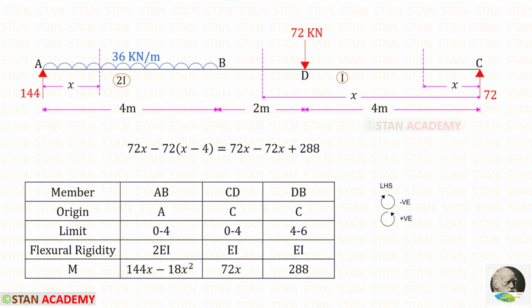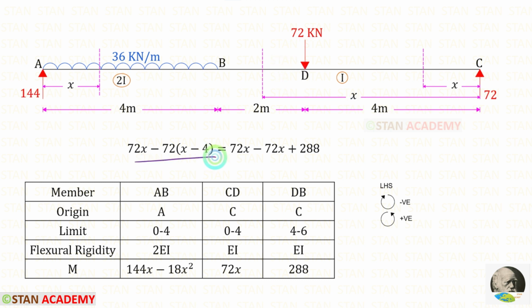Now let us find the moment in this section. RC is acting in the anti-clockwise direction, so it will be positive and the distance is x, so it will be 72x. This load is acting in the clockwise direction, so it will be negative. For this load, we have to take this distance. This distance is x minus 4.